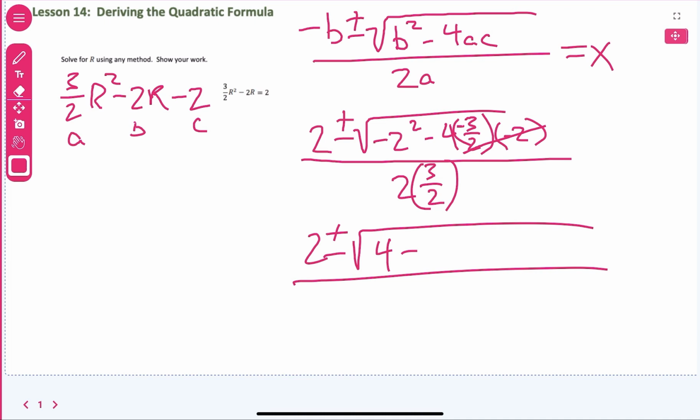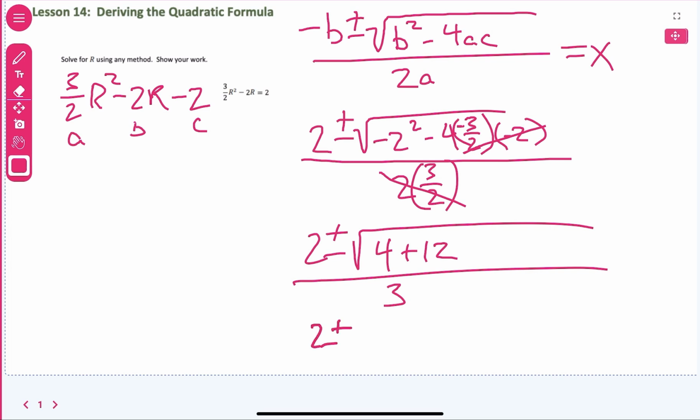Negative 4 times a negative 3 is positive 12. Now, we can cancel these out, and it leaves you with over 3.